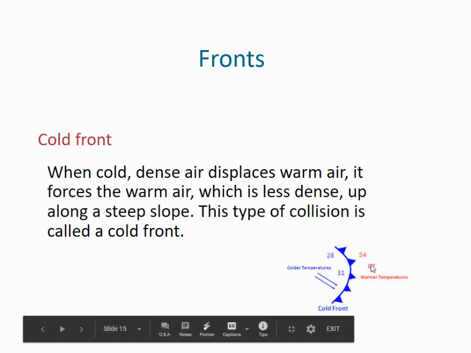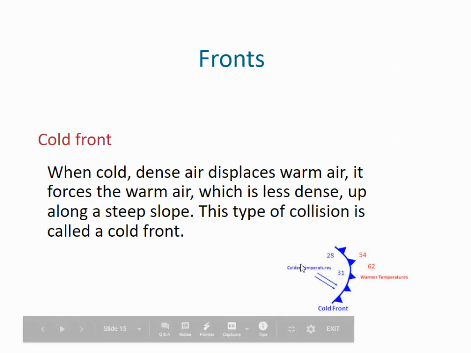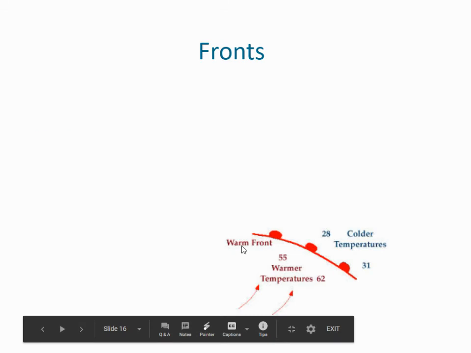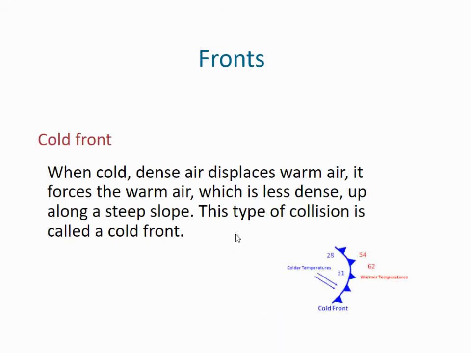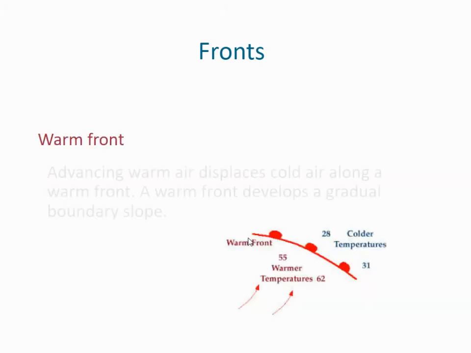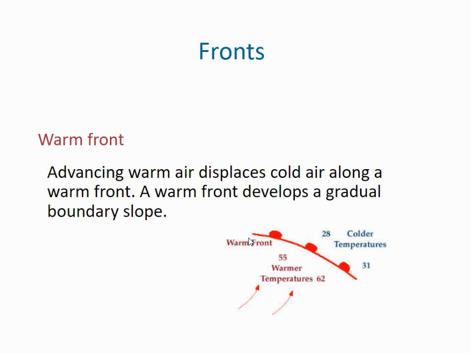So we're pushing the air up higher into the atmosphere, and the colder air is what drops, because we know that colder molecules are going to be close to the ground, and warmer molecules are going to be higher up in the atmosphere.